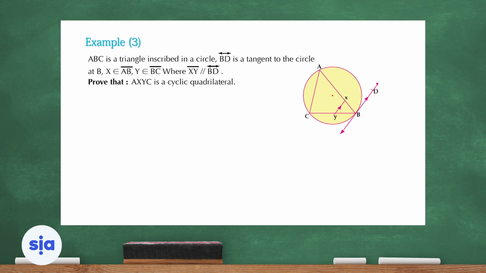Another given is that XY is parallel to BD. The question wants you to prove that AXYC is a cyclic quadrilateral. Let's see how we prove this.